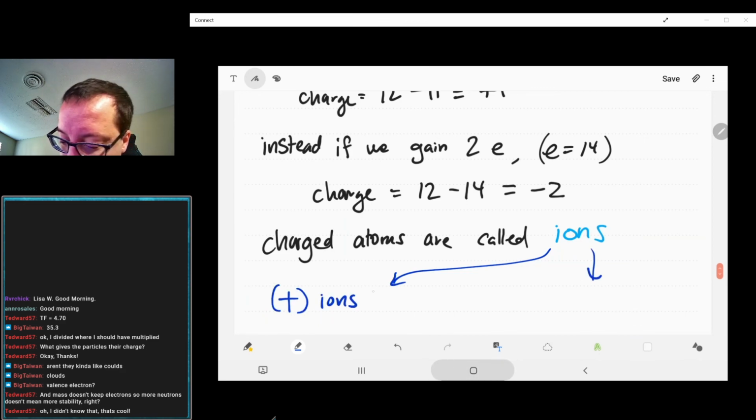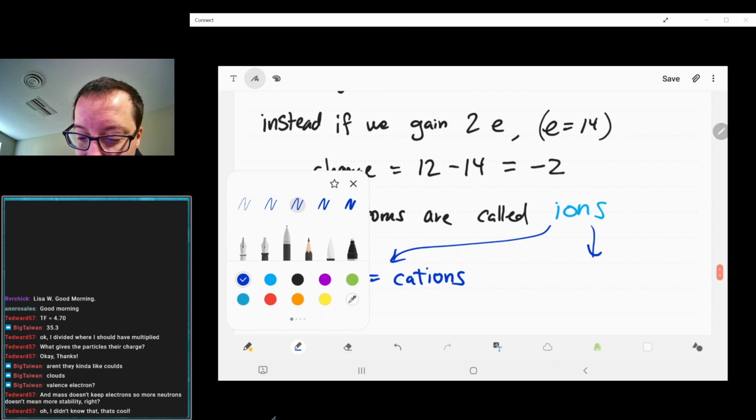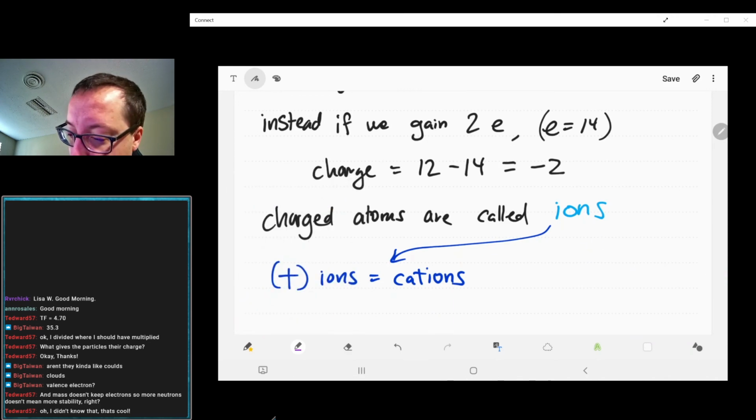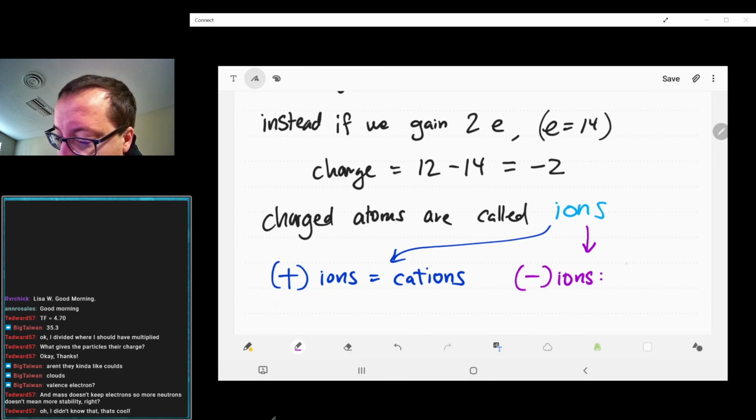Positive ions are called cations. Negative ones, in purple, why not, are called anions.